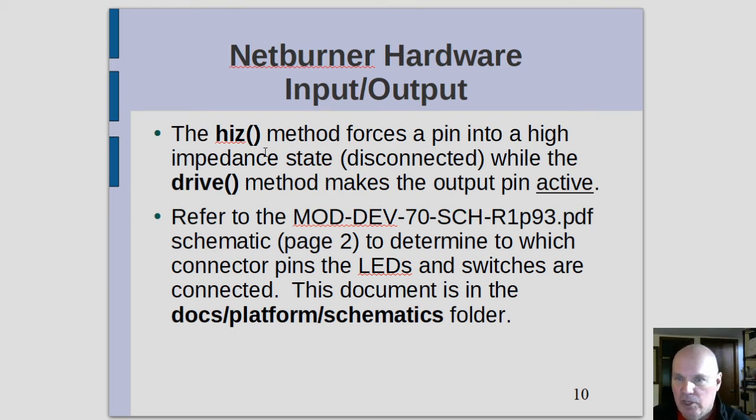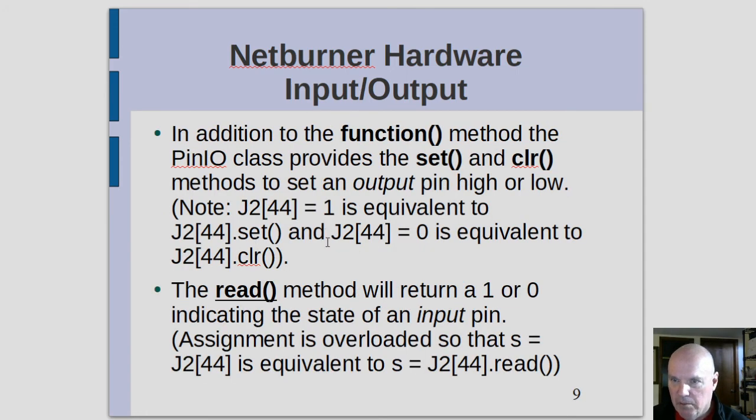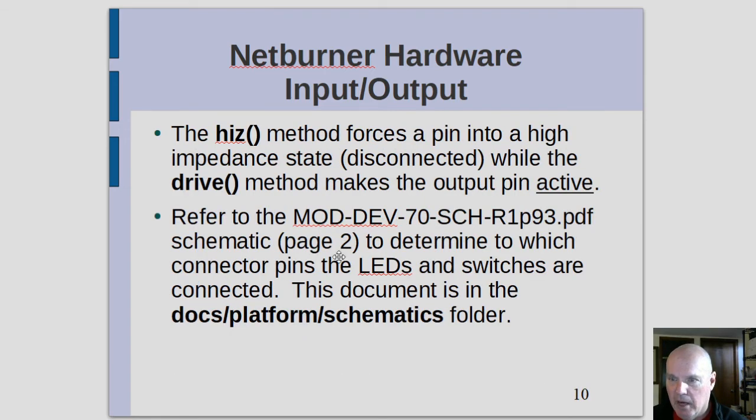So that would be J2 44 high Z. To restore it to an active IO pin, we can use the drive method. Notice here there really isn't in the pin class a differentiation between input or output pin. If we read from it, it's going to be set to an input state. And if we write to it, it's actually set to an output state, and that's done automatically for us.